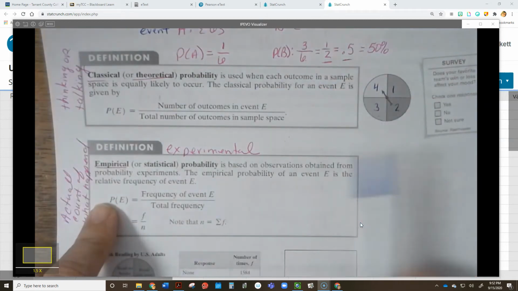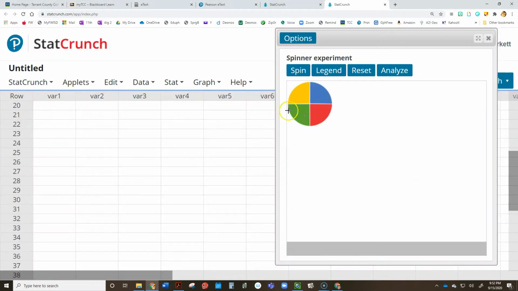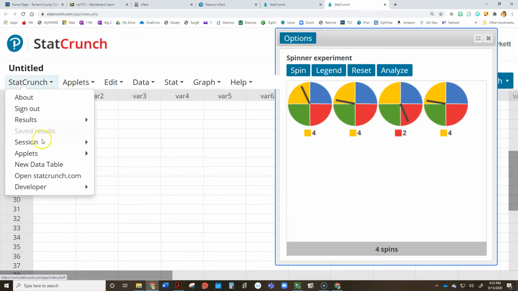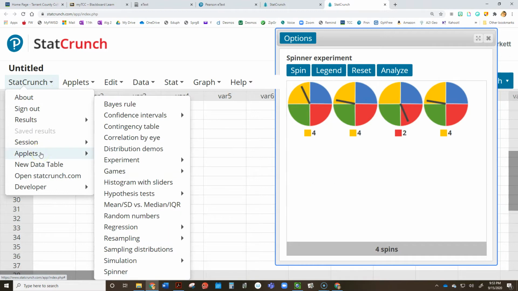Experimental probability is you're actually doing it. So this is experimental, or what they call empirical, because I'm going to spin the spinner and see the outcome of it. I think my other options here are to flip a coin.